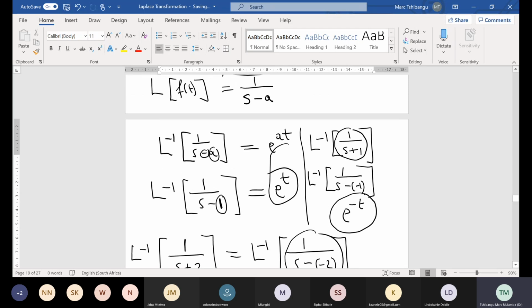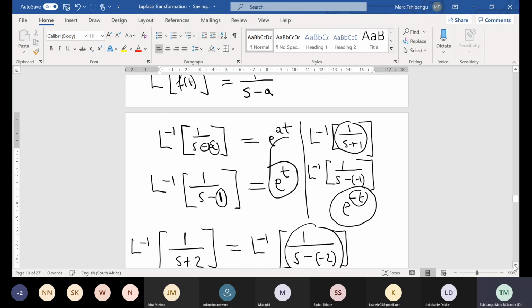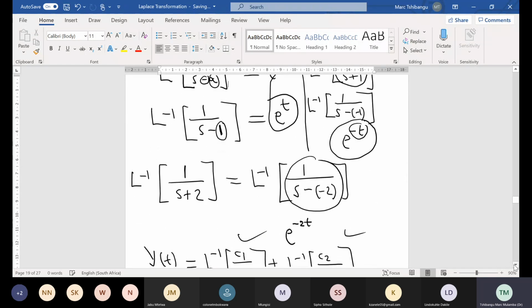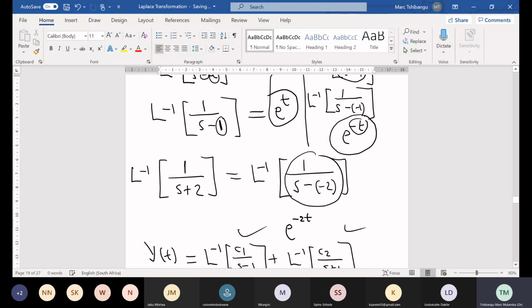When you have 1 over s plus 1, this will be e to the power of negative t.